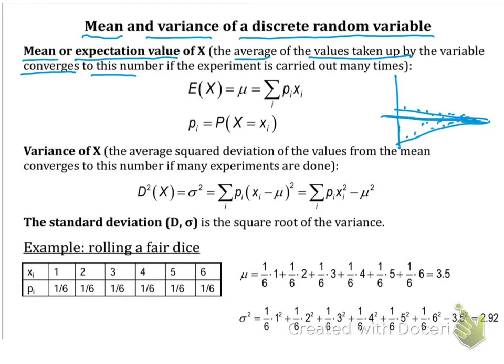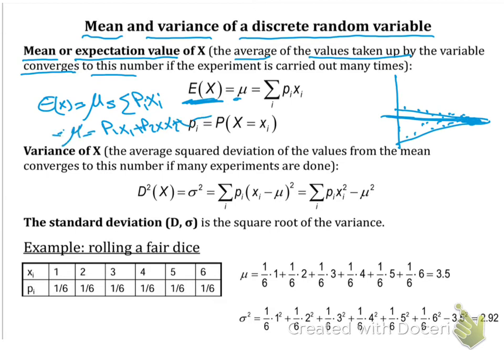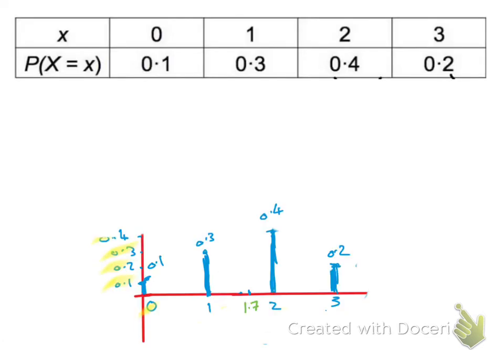This is the value of the mean, and we get it through the probability. So E(x), or mu, equals the sum of pixi, where pi is the probability: p1x1 plus p2x2, and so on. This is mu, or E. I hope this is clear.